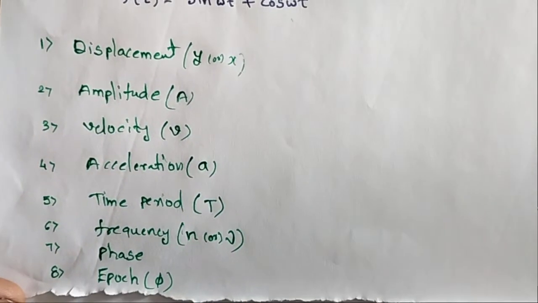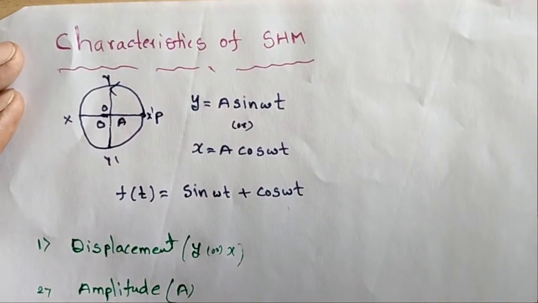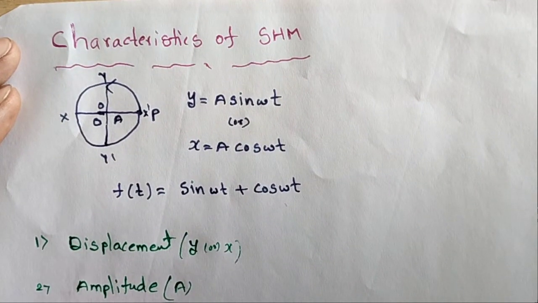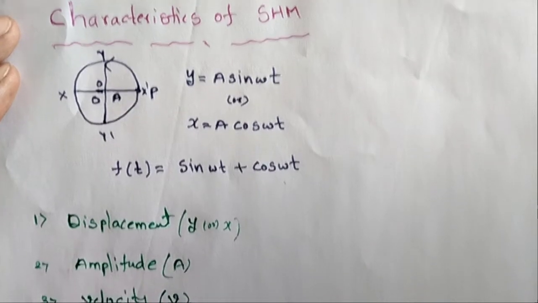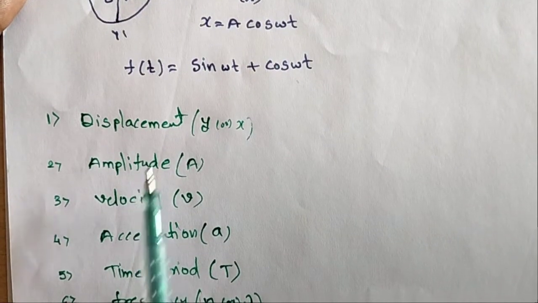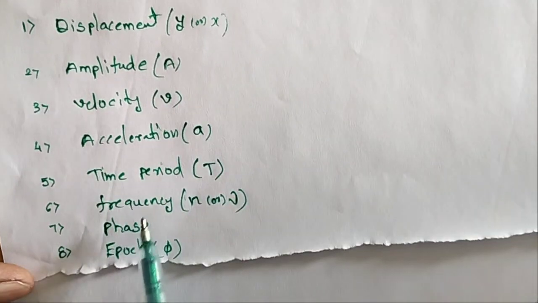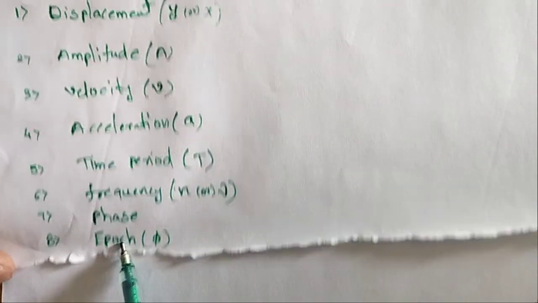So these are all the characteristics of simple harmonic motion. What is our concept? This video covers the characteristics of simple harmonic motion, especially with the circle. The characteristics are displacement, amplitude, velocity, acceleration, time period, frequency, phase and epoch.